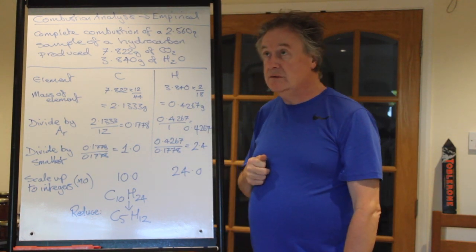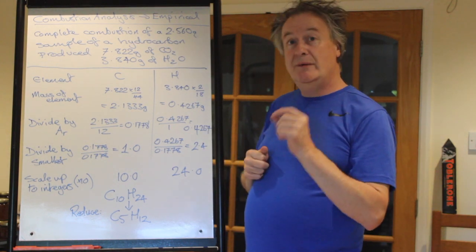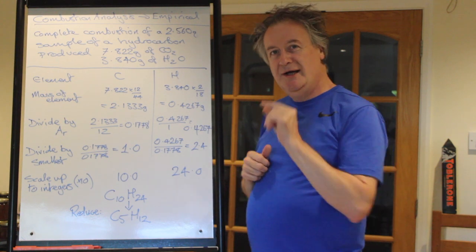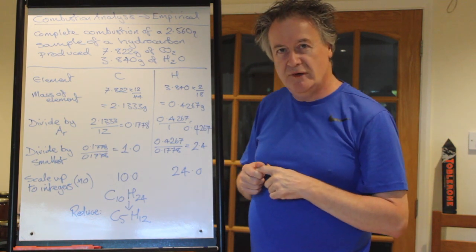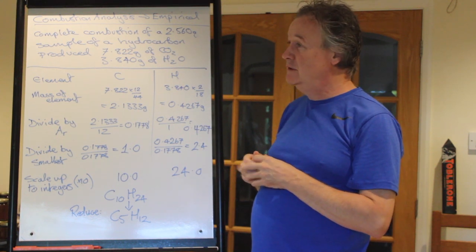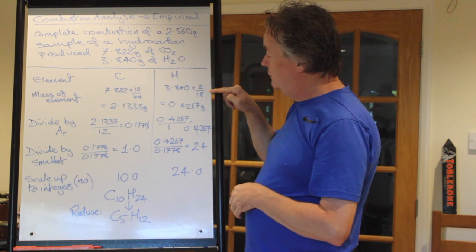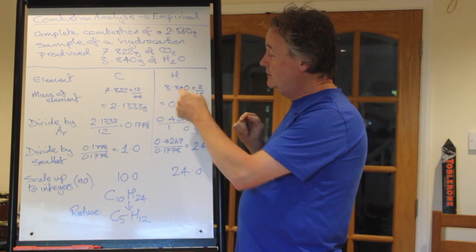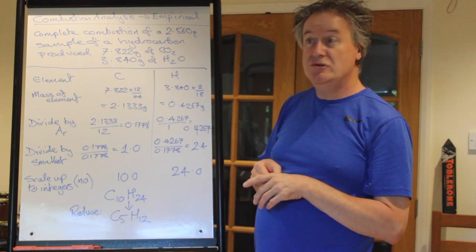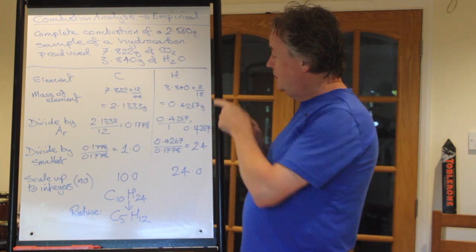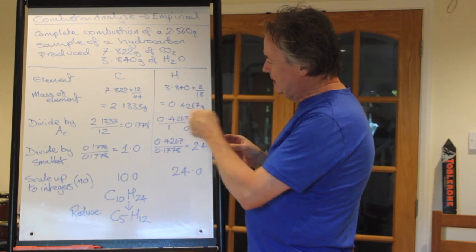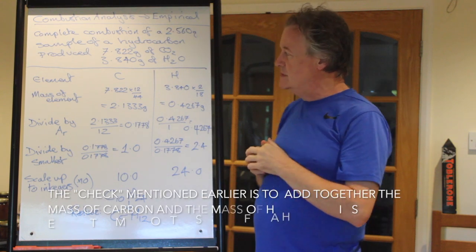A few years ago, a girl, Emma, said, you don't need to do 2 divided by 18, you just divide by 9. And I said, if you want to do that, it gives you the right answer, do it. So I either do 2 divided by 18, multiplied by the mass, or just divide by 9. I must be honest, I go with divide by 9 because it seemed like a simpler way to do it. It's 2 out of the 18 for the formula mass of water, and that comes out as 0.4267 grams of hydrogen.